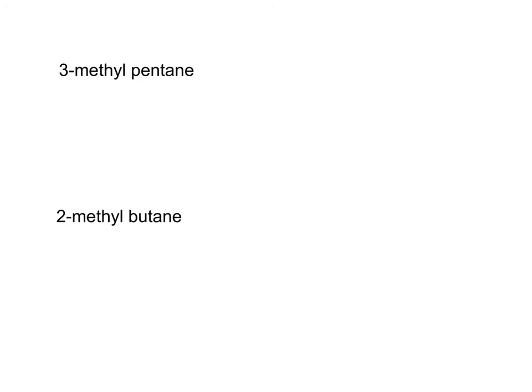Okay, drawing 3-methylpentane. Pent is 5. So draw your longest carbon chain, put in your bonds. And then on my 3rd carbon, I have a single carbon, a methyl group.